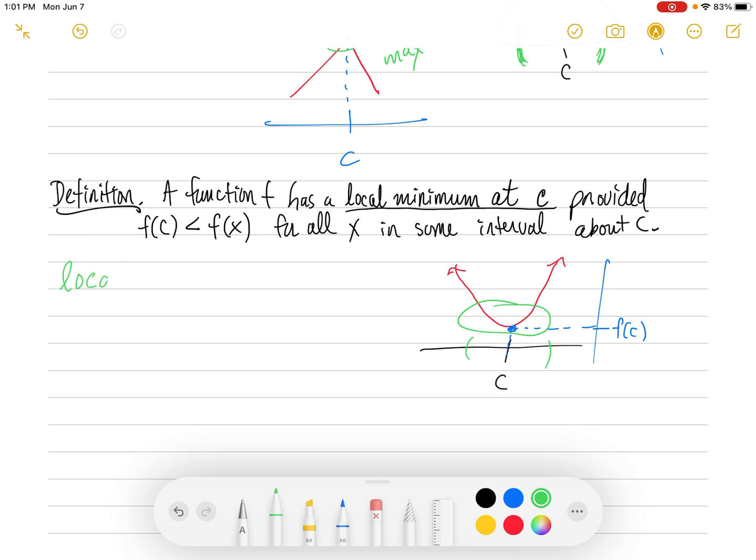So local min is basically a valley. A valley that's on the graph. That's a local min there. It could look something like this as well, or this as well.